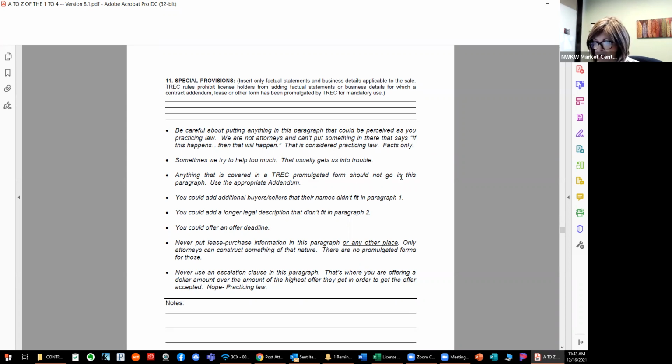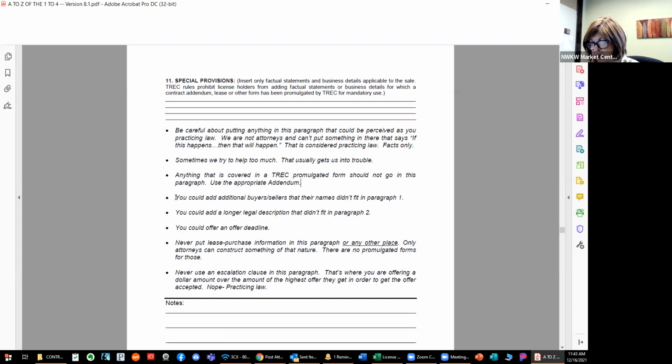Sometimes we try to help too much, and this usually gets us in trouble. Anything that's covered in a TREC promulgated form should not go in this paragraph. So you would not say that you want to have the existing washer, dryer, and refrigerator in that paragraph like we used to do in the old days, because now there's the non-realty item addendum. So if there's an addendum or a document that covers it, use that document.